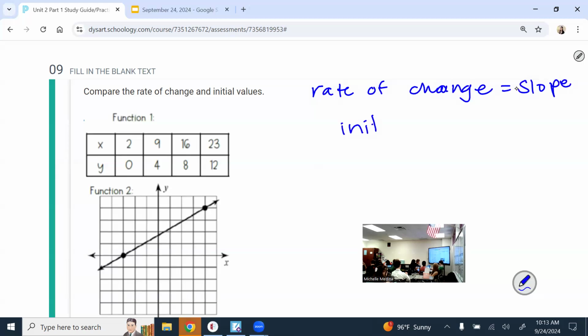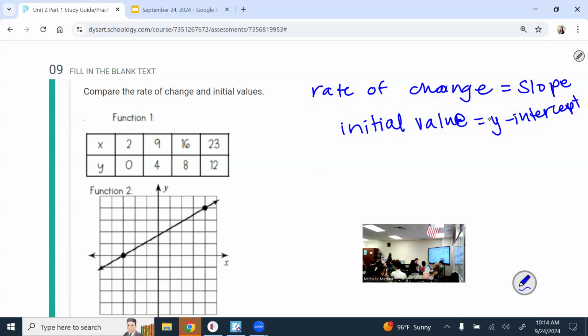And initial value is what part of the graph? When we talk about slope, this is usually paired with it. You usually plot it first. Your y-intercept. So whenever we're talking about initial value, because usually it's a real world situation, that's your y-intercept.